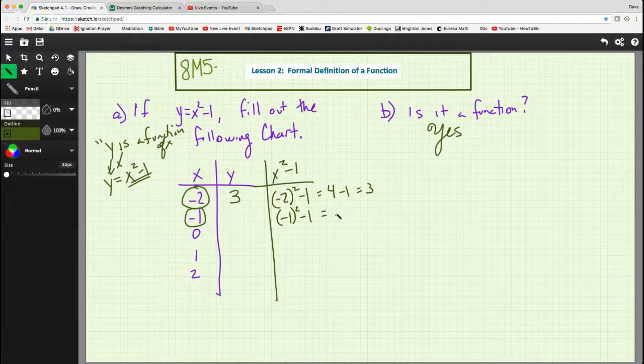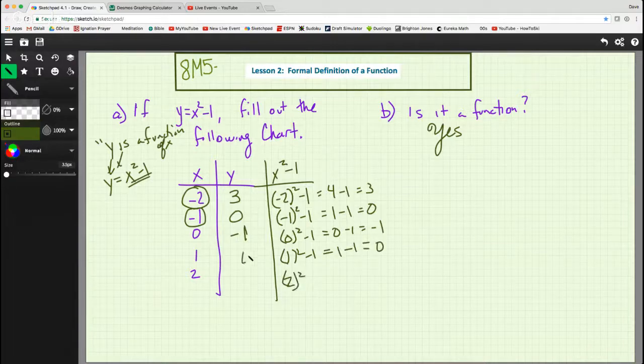Squared minus 1 is 1 minus 1 equals 0. 0 squared minus 1 is 0 minus 1 is -1. 1 squared minus 1 is 1 minus 1 is 0. And then 2 squared minus 1 is 4 minus 1 is 3. So there's our chart.